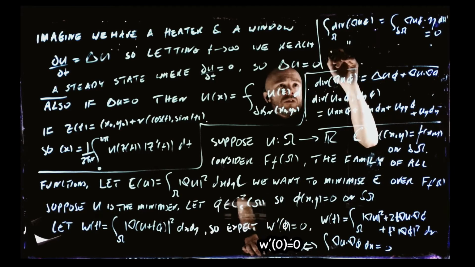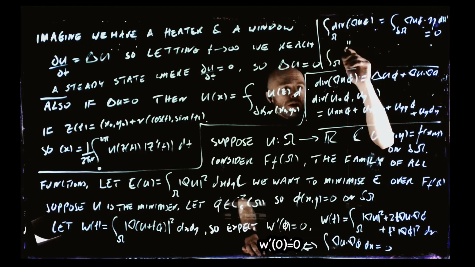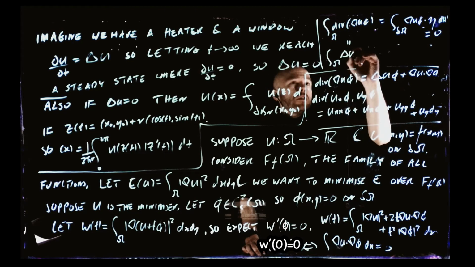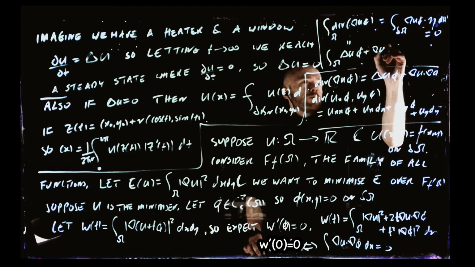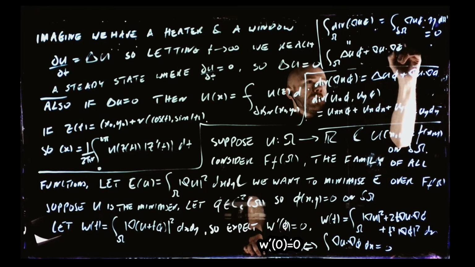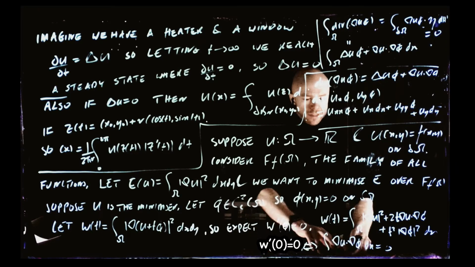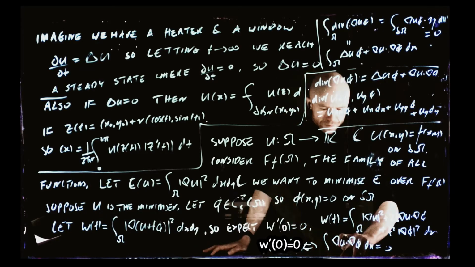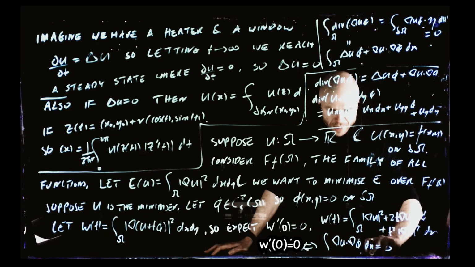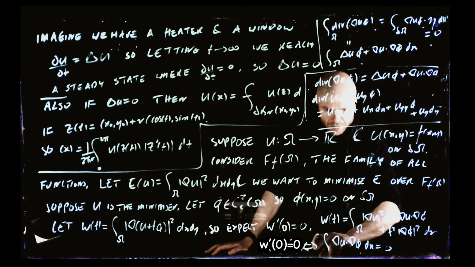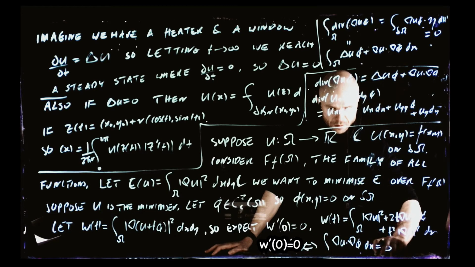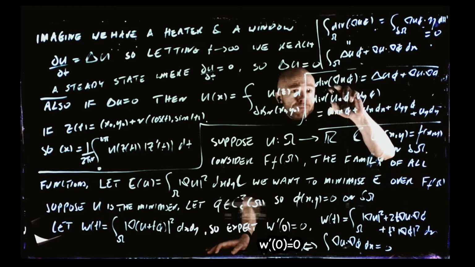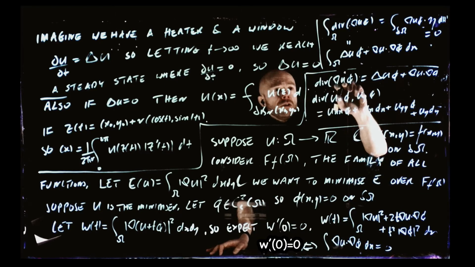And this is also equal to the Laplacian of u times phi plus this expression, dx. And that's the expression we had over here, which is equal to 0. So this is the equation we get from the fact that the derivative of w at 0 is equal to 0.